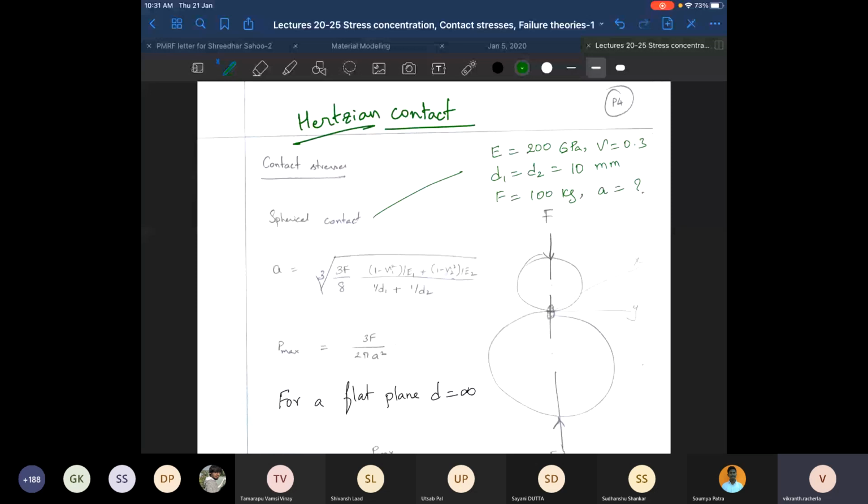Now, if you have two spheres contacting one another, then it can be shown what the shape of the contact patch will be. What will be the shape of the contact zone?